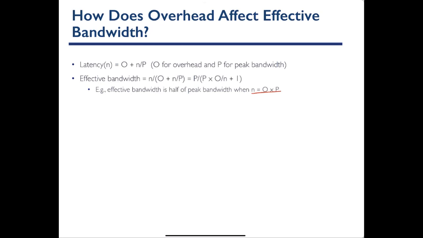So it would become p divided by (p times O divided by n, plus 1). Now, instead of n, I'm going to put O times p here, plus 1. Obviously O cancels out with O, p cancels out with p. This becomes 1. And this whole thing becomes p divided by 2. So my effective bandwidth becomes half of my peak bandwidth.